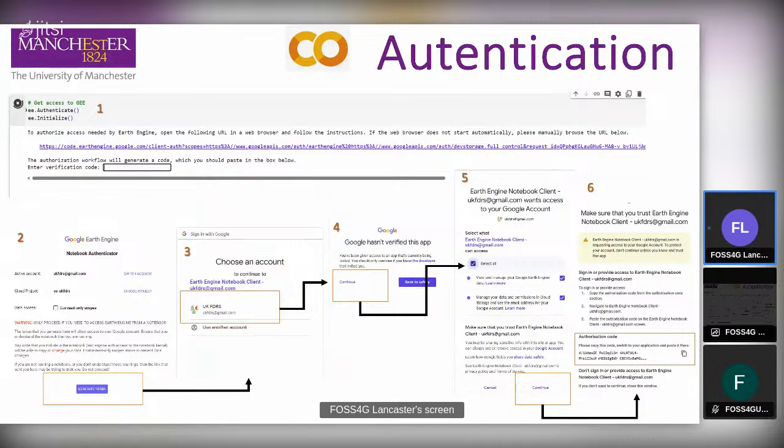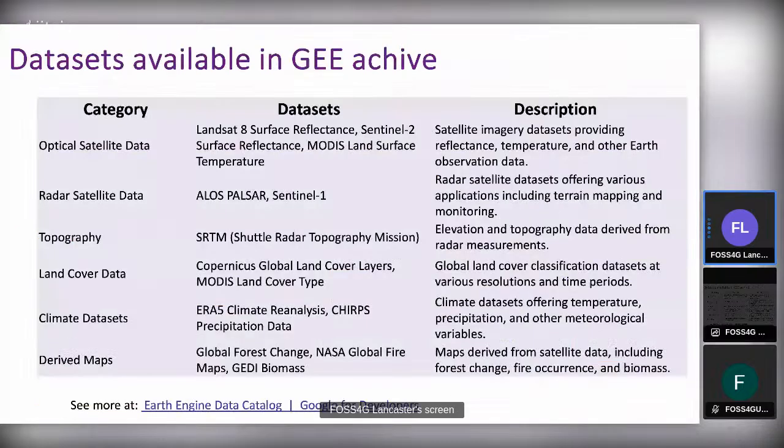So there you go. Which types of data sets are available in Google Earth Engine? You have optical satellite data: all the Landsats, Sentinel-2, MODIS, I think those initially.